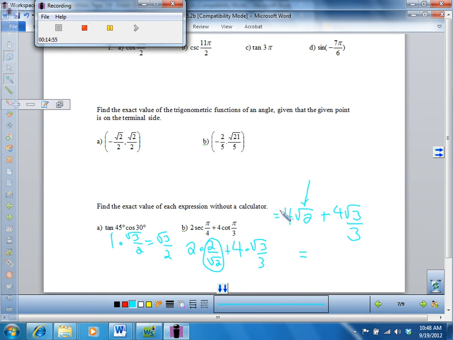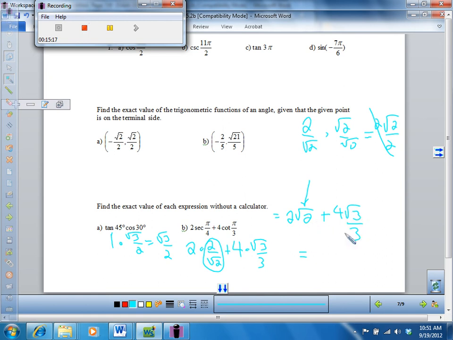It should be 2 root of 2, but you wrote it like 2 over root of 2. If I multiply by root of 2 over root of 2, that's where that comes from. I get 2 root of 2 over 2, which is root of 2. Okay? So this is 2 root of 2, and that's 4 root of 3 over 3.